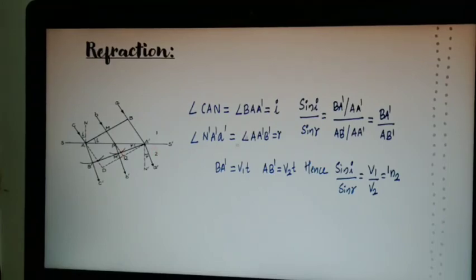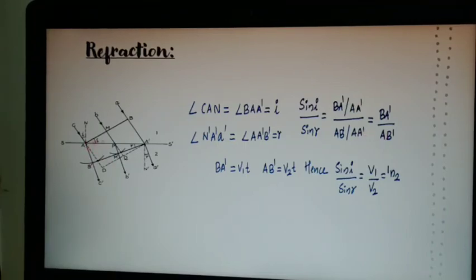Then angle N dash A dash N dash capital A dash is R, which is equal to B dash A dash A. These two angles are R. So sin I is BA dash divided by AA dash, and sin R is equal to AB dash divided by AA dash.